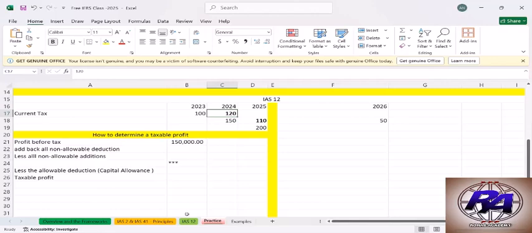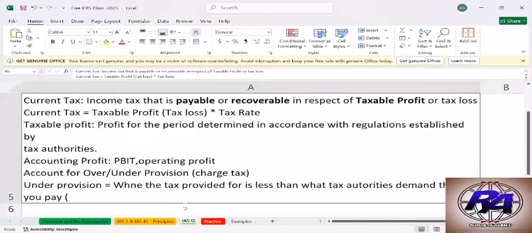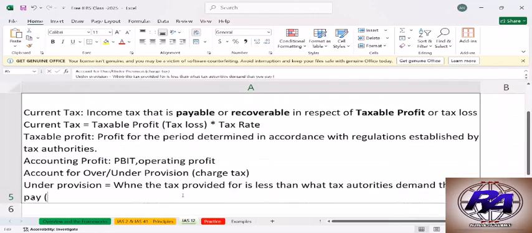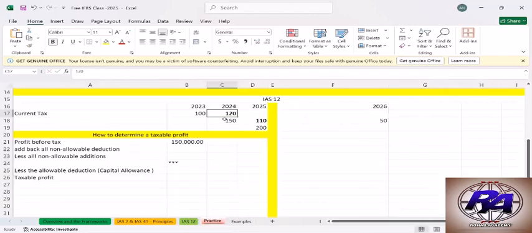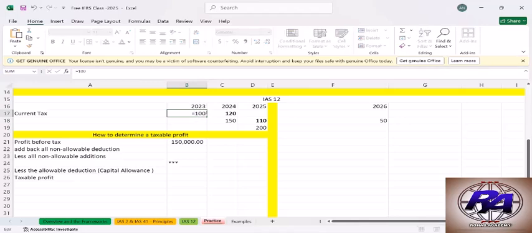So that 20 is going to be our under provision. How do we treat the under provision? We always have to add it to the current tax provision. Under normal circumstances, we are supposed to go back to the previous period and add the 20 to it so that it will tally.